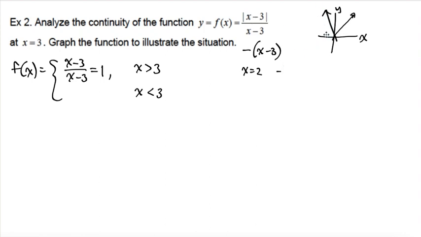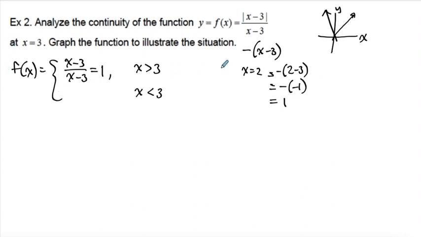So we would have 2 minus 3, and 2 minus 3 is the same as negative 1, but we know it can't be negative 1 because we're taking the absolute value of that. So this negative sign out front takes into consideration the absolute value sign to make it positive.